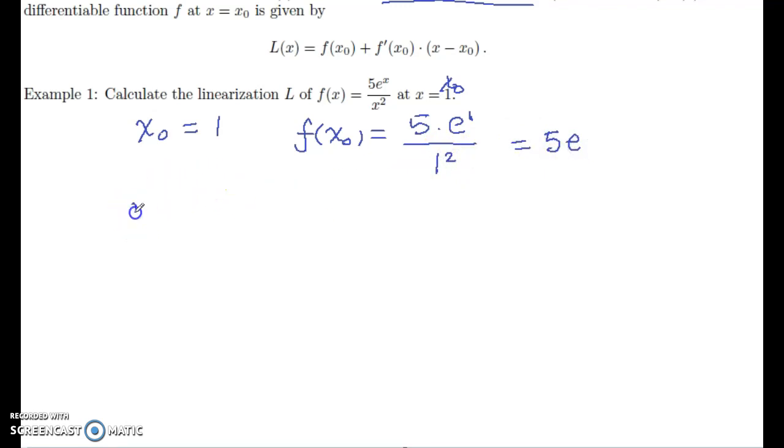Then we need to find out what is f prime of x0. So we first need to find the derivative. We use the quotient rule because it's a quotient.